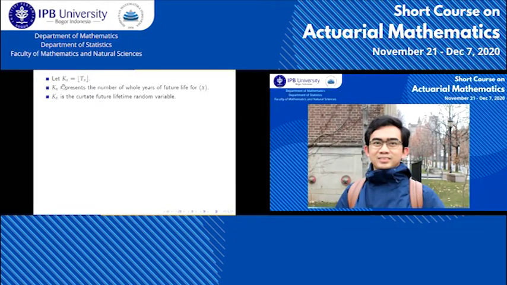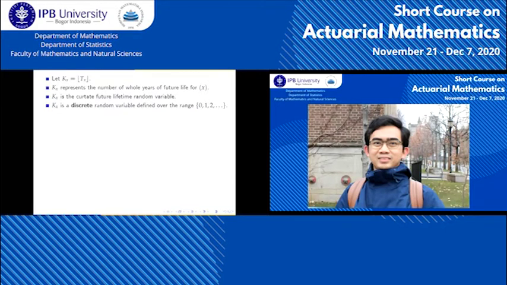Since this is the definition, Kx is a discrete random variable defined over the range 0, 1, 2, and so on. This sequence stops at omega minus x minus 1 if there is a limiting age of omega.